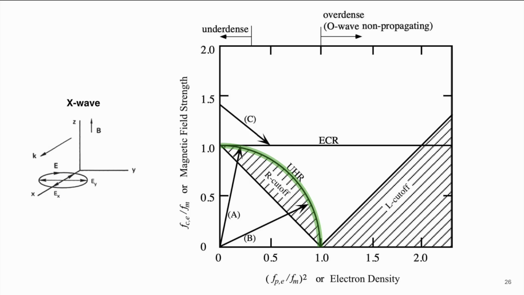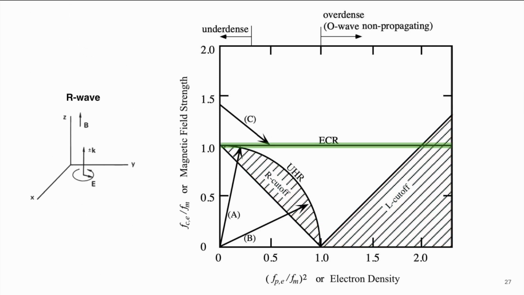And notably, it can't be absorbed for electron densities greater than 1. So for these high plasma densities, we can't heat the plasma, which is bad because we want these high plasma densities to increase thrust. It's also cut off in these red regions here, which is also bad because if it's cut off, that means it's reflected and we're not giving energy into the plasma.